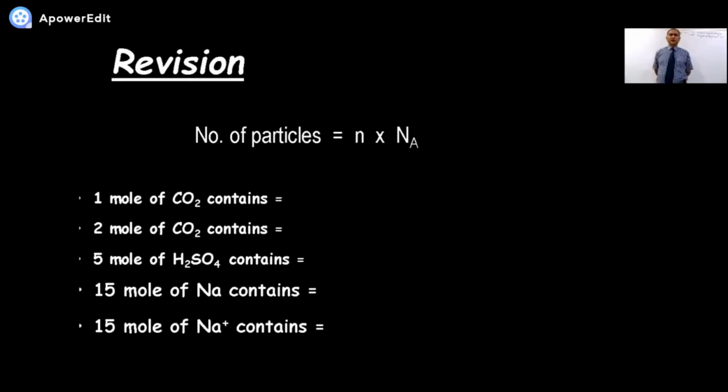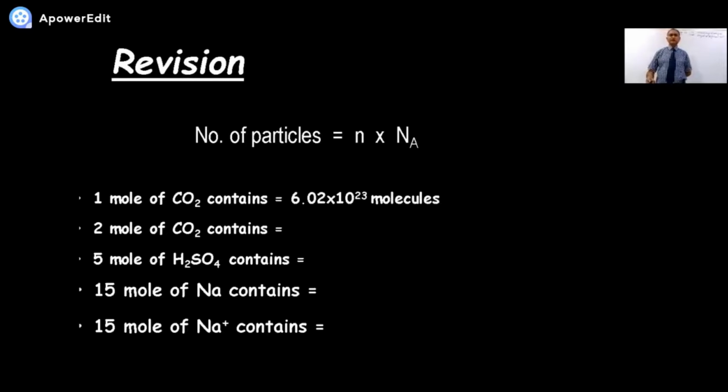Now, how many particles in 1 mole of any substance? 6.02 into 10 to the power 23. In 2 moles of any substance, 2 multiplied by 6.02 into 10 to the power 23. In 5 moles, okay? So you can see on the screen, if we have 1 mole of carbon dioxide, it contains 6.02 into 10 to the power 23 molecules.